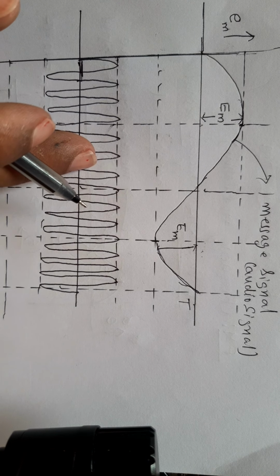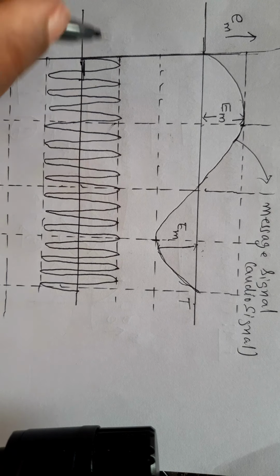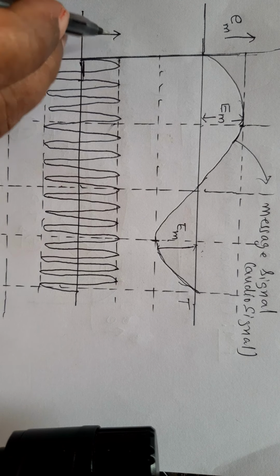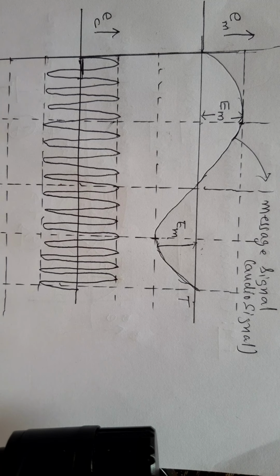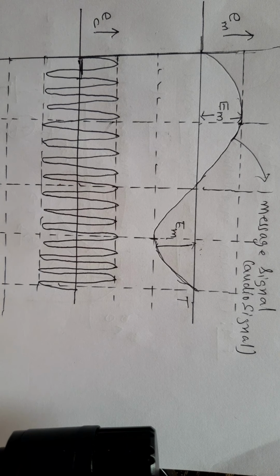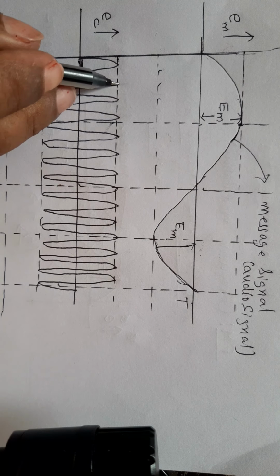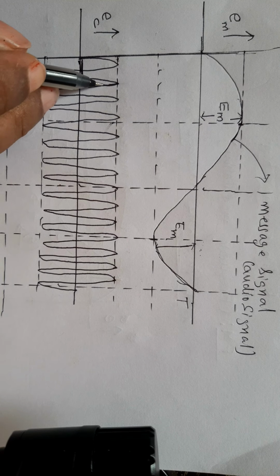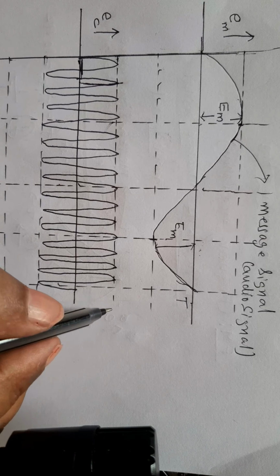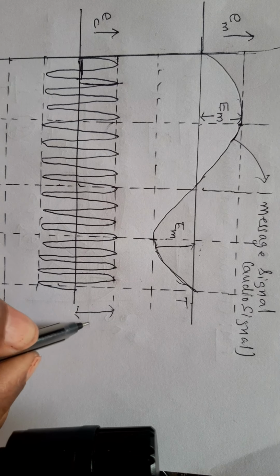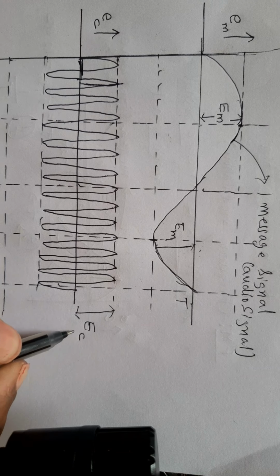Since the period is very small, the frequency is very large. Therefore, this represents the carrier signal, and I will represent the y-axis as carrier voltage EC, and the maximum height or maximum voltage of this carrier signal is referred to as the carrier amplitude EC.